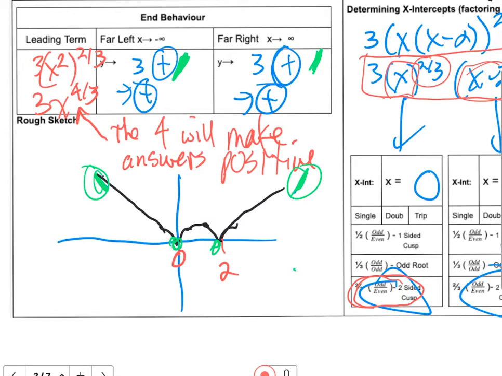I know it's starting here, and I always read my graph left to right, so I come down, down, down. It has to open up rather than opening down, right? It's not going to open down like that, otherwise it doesn't fit the end behavior. So then it has to go up here, has to turn and go back, and then again, another two-sided cusp, and like so. Okay, so that's your graph.